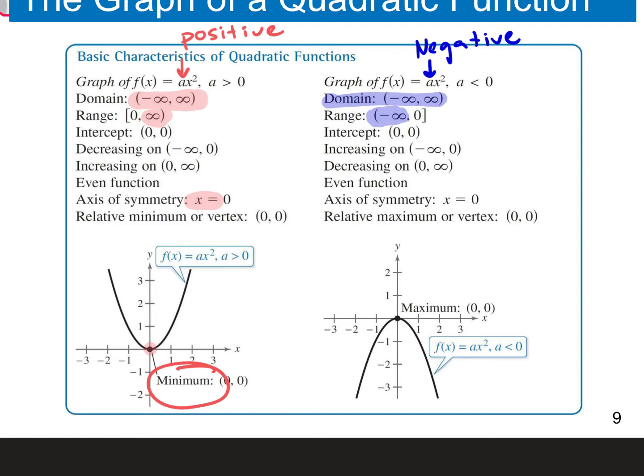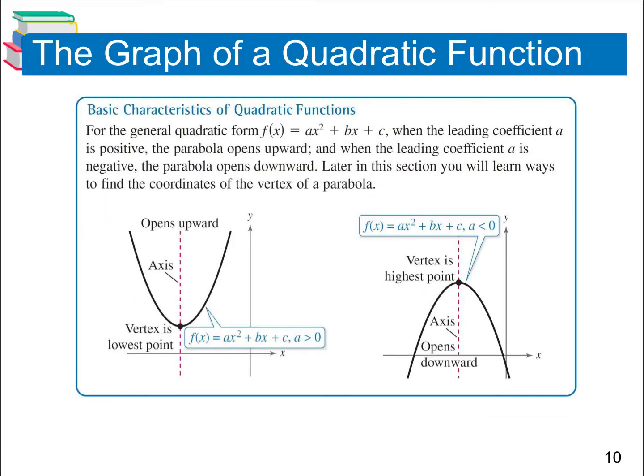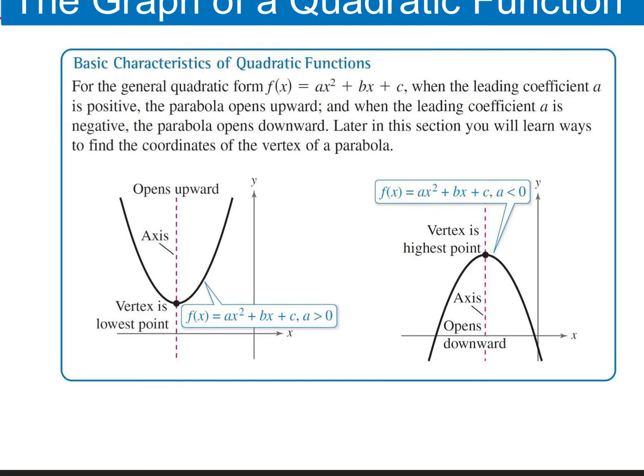Here we have a maximum at the vertex. When our graph opens down, our vertex is at the maximum. It's the highest point of our graph. The vertex is at the lowest point when it opens upward, so that would be the minimum. When it opens down, the vertex is at the maximum.